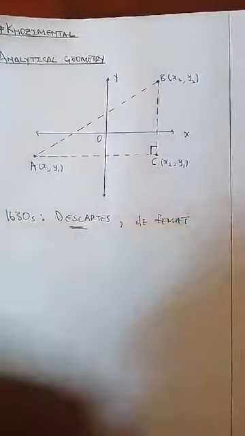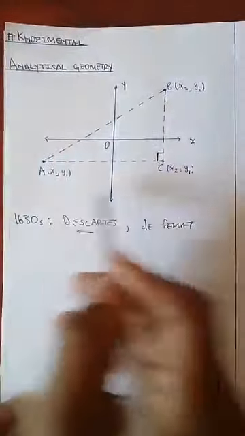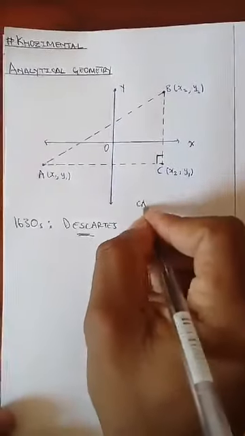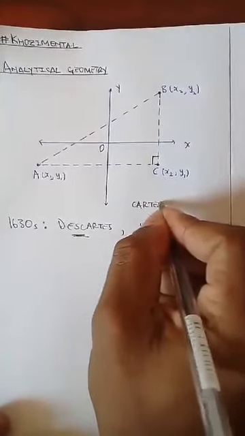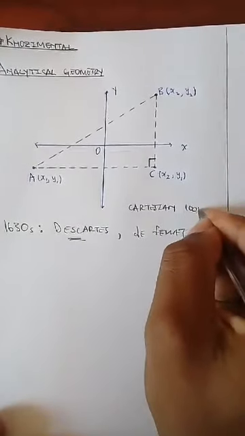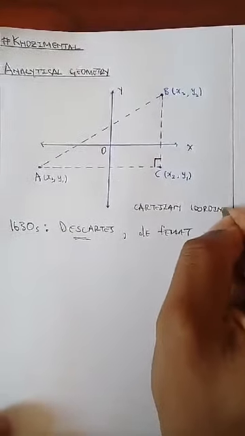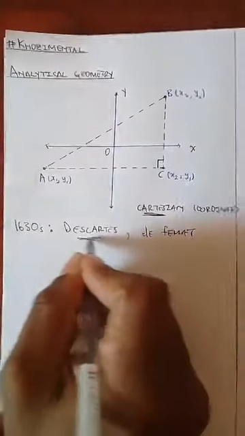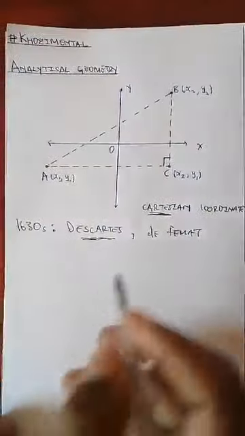But I'm sure you've already met Descartes, because here I've drawn a triangle in a Cartesian plane. We call these Cartesian coordinates. You can see Cartesian is from Descartes.